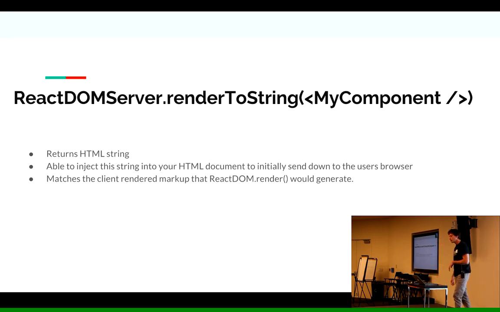This method returns HTML markup, and you're able to inject this into your HTML document before you send it down to the user's browser. Basically, this markup is going to match exactly what ReactDOM.render is going to generate.